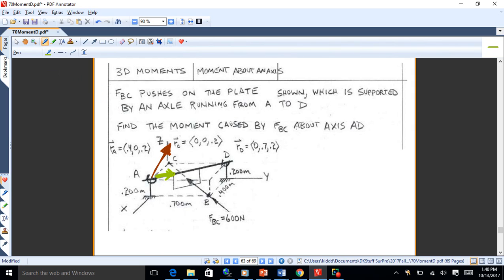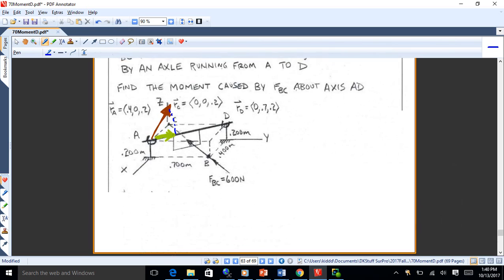So I'm going to take that red moment vector going up and to the right and project it down onto that axis and find the amount of it that occurs about axis AD. I'll do that with a dot product again. So if you're in this situation where you want to find a 3D moment about an axis, this is how you do it, okay?